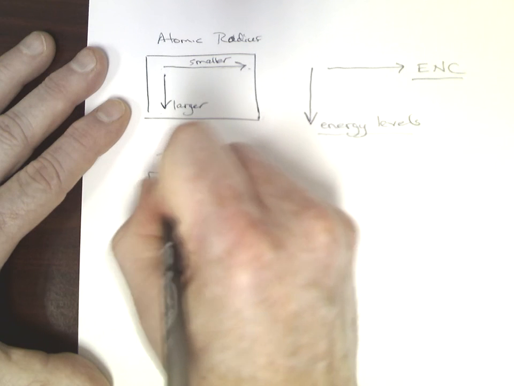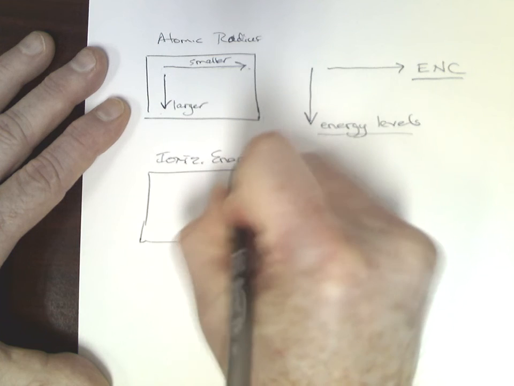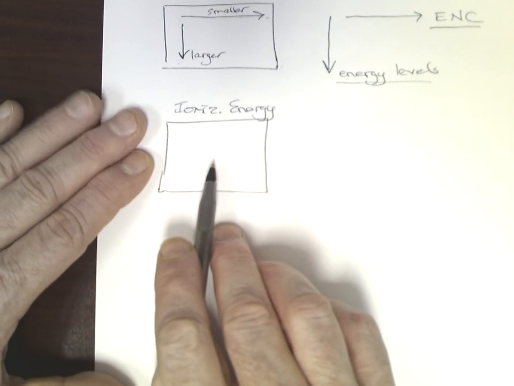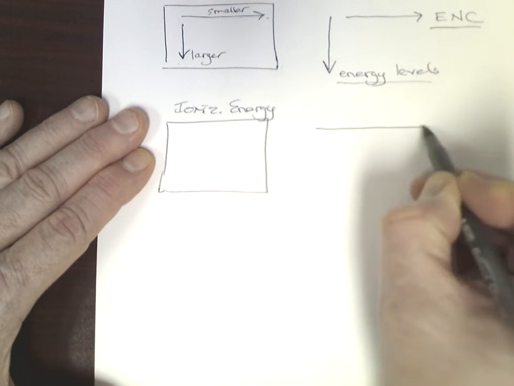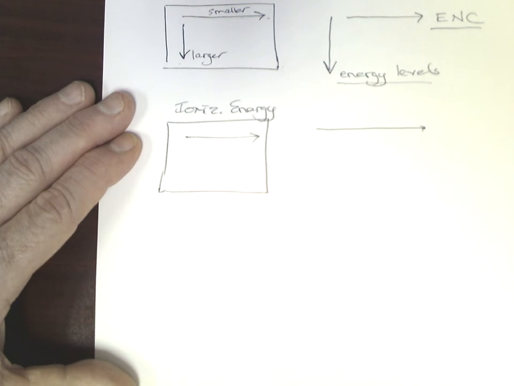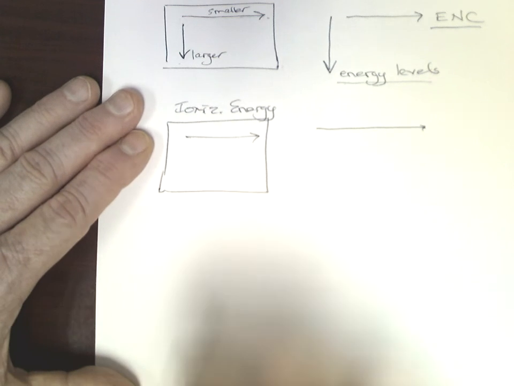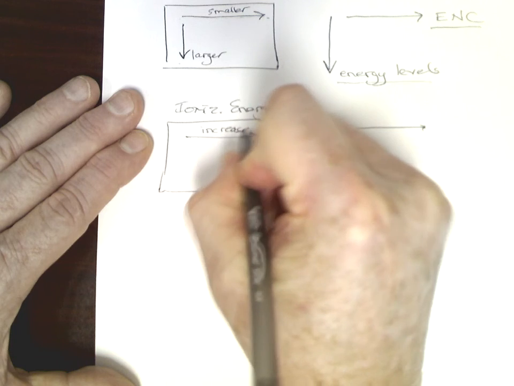Okay, so here's another periodic table. Let's talk about ionization energy. What happens to the amount of energy you have to give an atom to take its electron away? Well, as you go across, effective nuclear charge goes up, the number of protons goes up, there's a greater pull on the valence electrons, ionization energy increases as you go across.